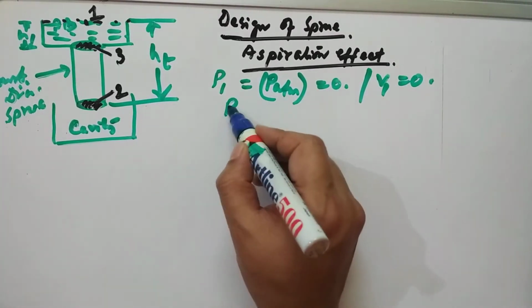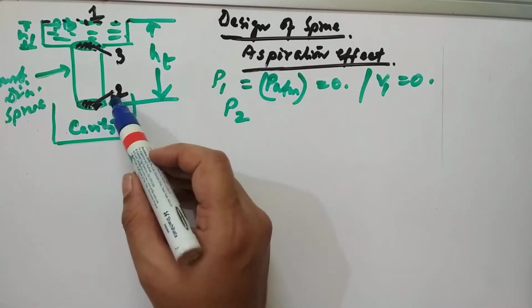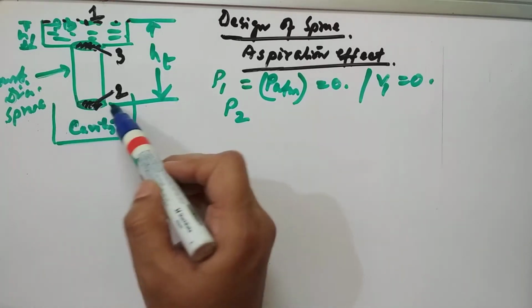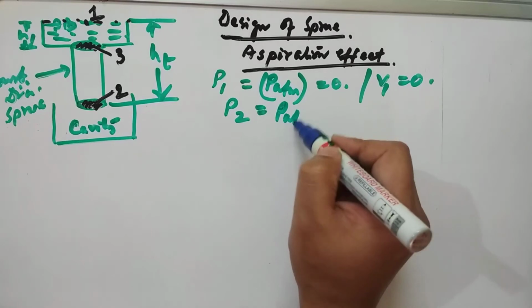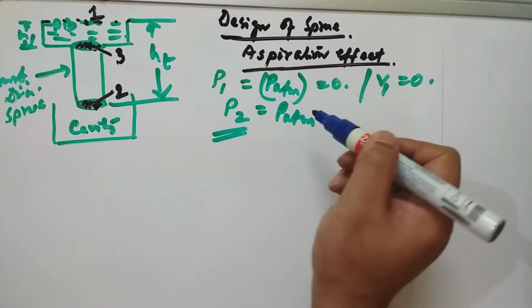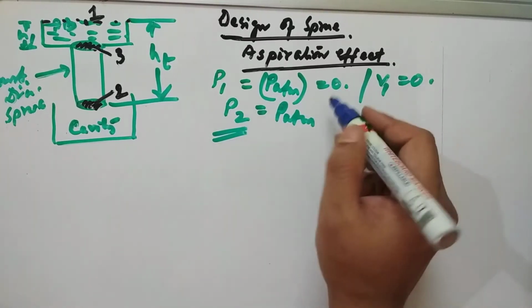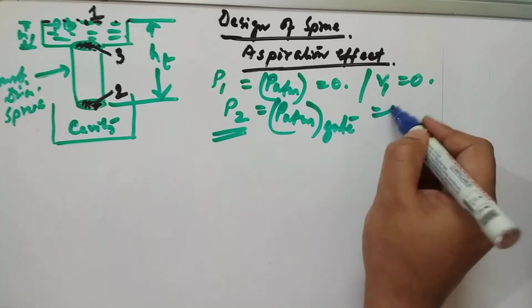And P2, we have already considered in the top gating system, that while the metal leaves the sprue, it is open to the atmosphere, so we are taking P2 as P atmosphere only, but actually it is not open to the atmosphere in reality. We are just assuming it for the sake of simplicity. So it is also written as the gate point, and it should be equal to 0 as well.